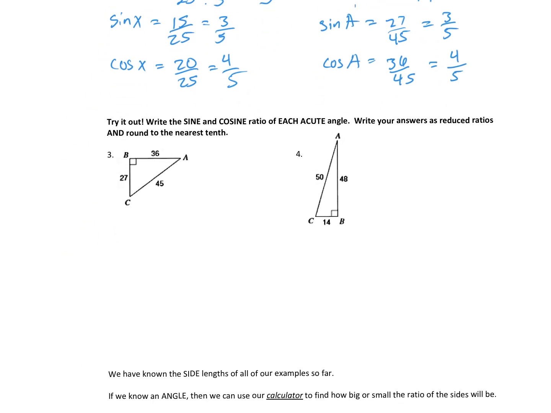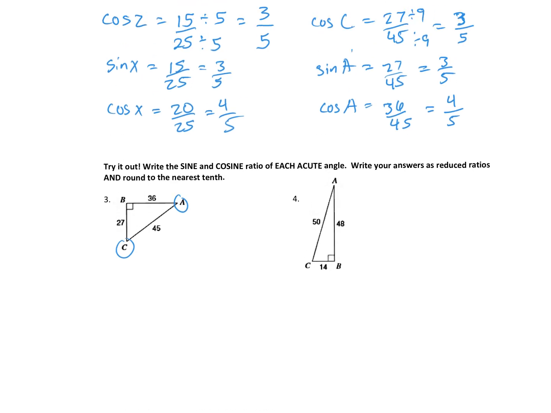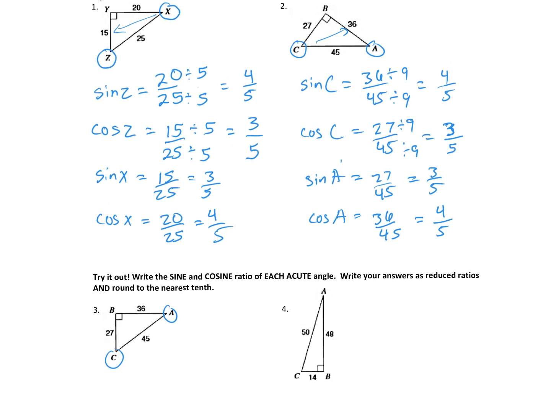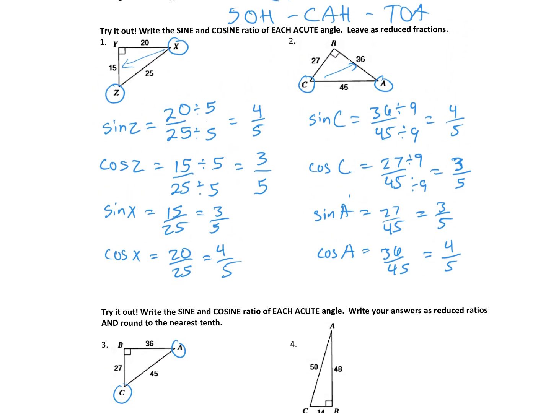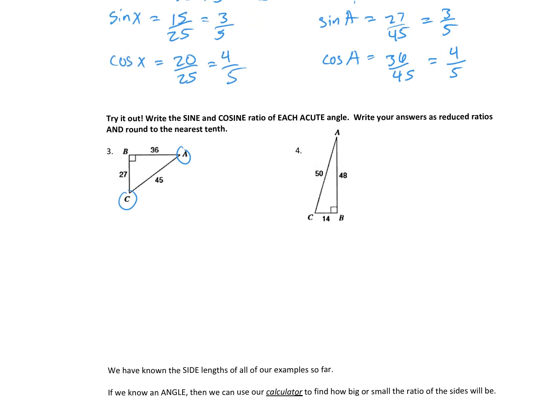Let's try it out some more. Write the sine and cosine ratio of each acute angle. Okay, back once again. We have this. This looks awfully familiar, like some numbers we've already worked with. But let's write your answers as reduced ratios. So let's do sine of C. This gives me opposite, which is 36 over 45. I know that reduces to 4/5.